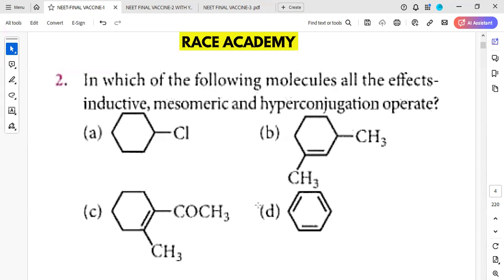The third option we have. So what is that? Once again, we will check it. That is the structure, how the structure is there. We have a ring structure they have provided, and you can carefully write it as here CH3 and on one side we have COCH3.